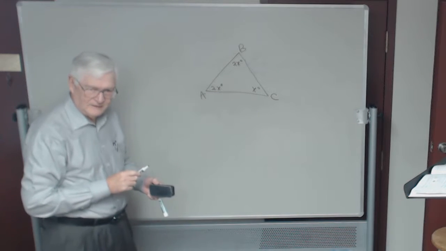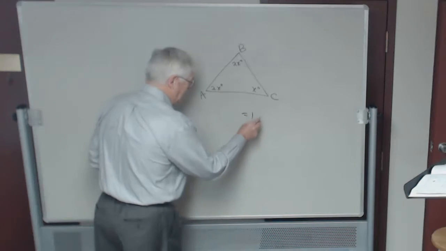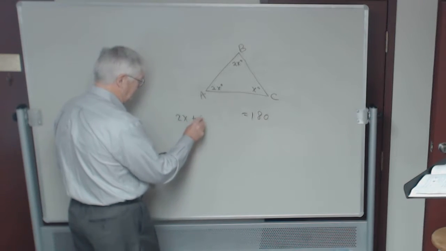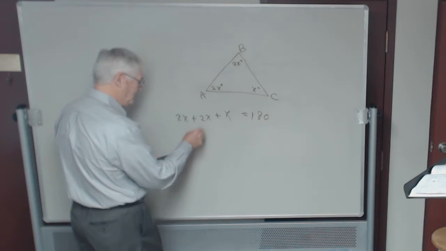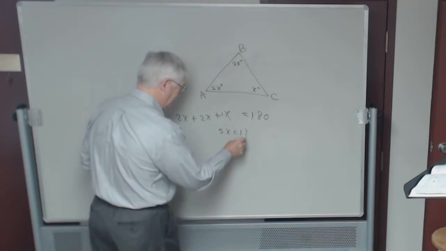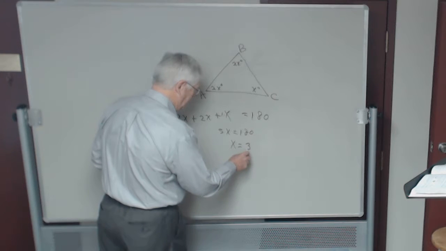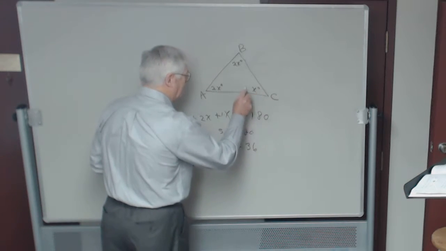Agreed? So now what am I going to put down here that'll add up to 180? X plus 2X plus 2X, and that would be 5X. 5X is 180. So X would be 36. So this is 36 degrees.